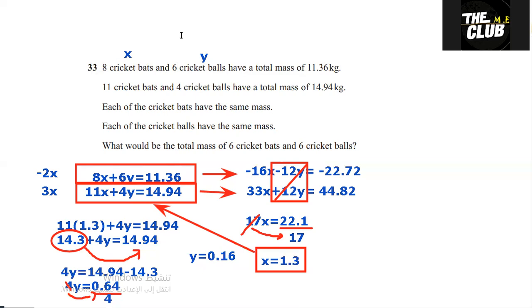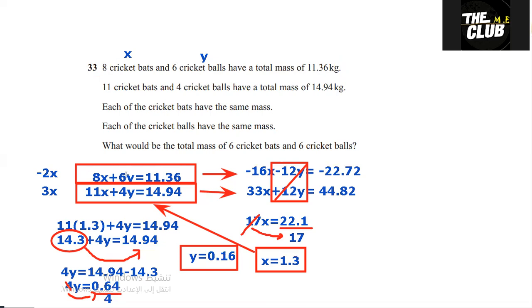And this is how you answer a question like this. You have to focus on the steps in simultaneous equations. You have to focus on the elimination method and how to use it. Again, we made an equation using the information that we had here. We said that this is the x, this is the y, and then we made simultaneous equations. We found out that they don't have the same value.